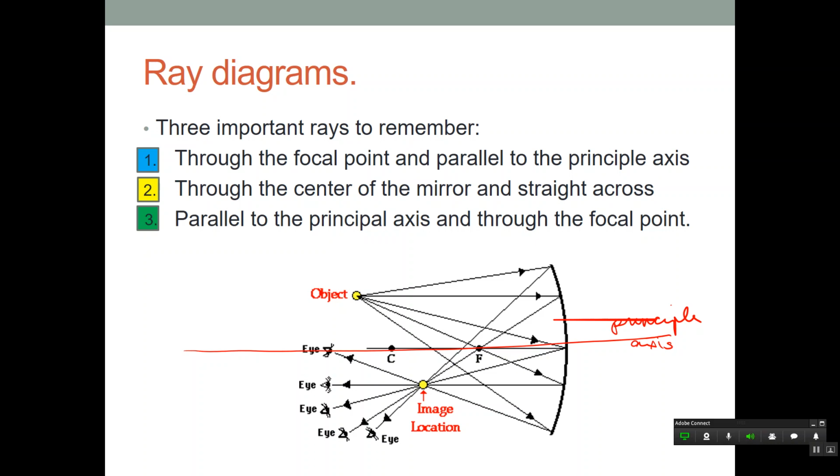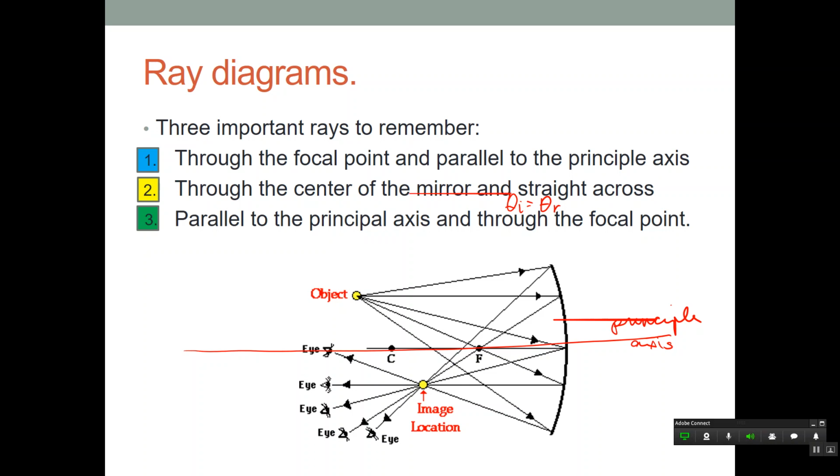The second one is through the center of the mirror, and I didn't write it really well here, so I'll write a second note for it. Through the center of the mirror, and just using the law of reflection. So incident is equal to reflected. If it's going to the center of the mirror, the angle at which it bounces off is going to be the same angle as its incident.